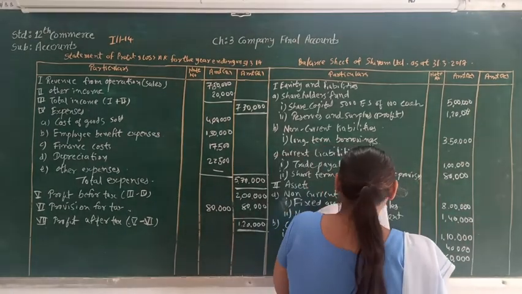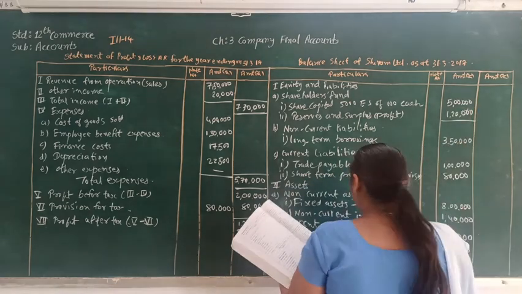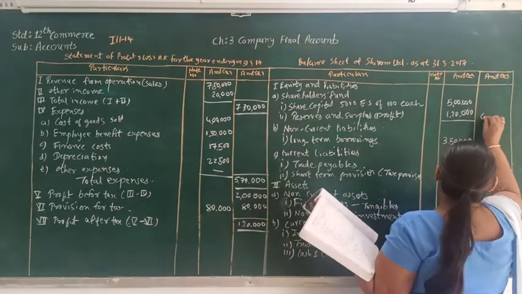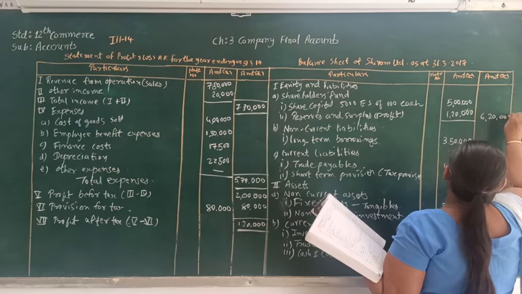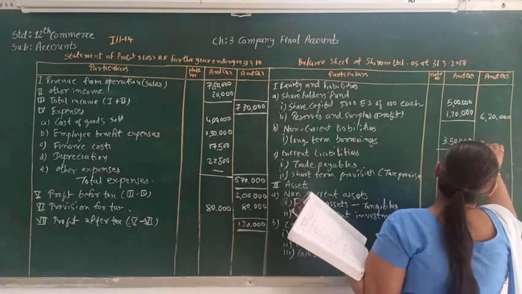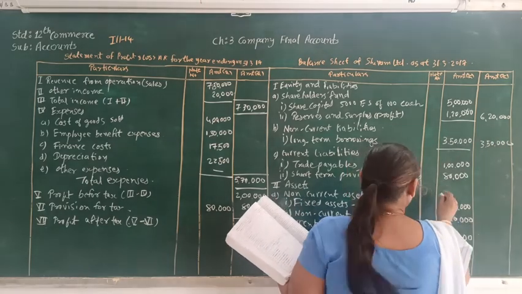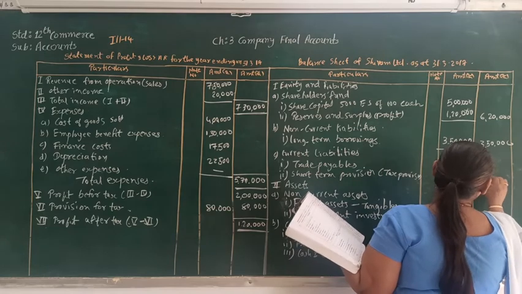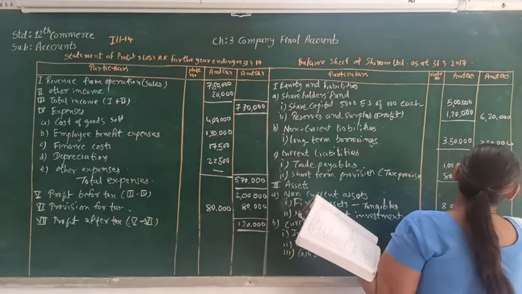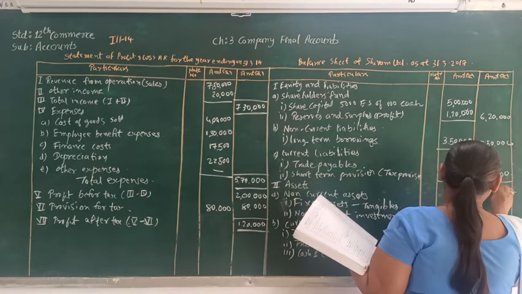Now let's make the total of the balance sheet. The share capital is 5 lakh plus 1,20,000, so the total will be 6,20,000. Then the second heading is reserve and surplus, and the total of that will be 3,50,000. And the third heading is 1,80,000. So now let's make the total of the equity side, and that total will be 11,50,000.